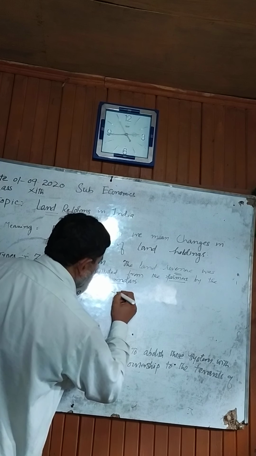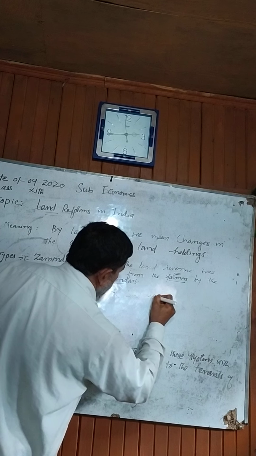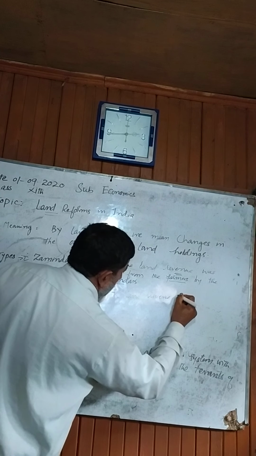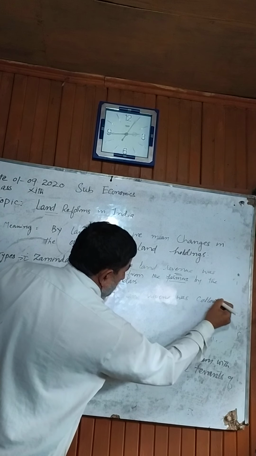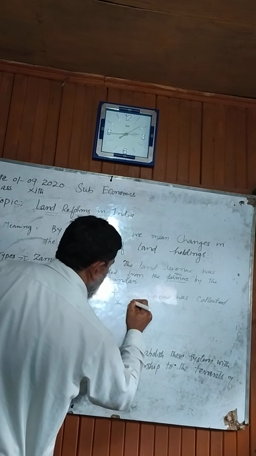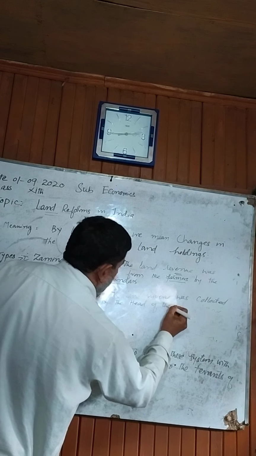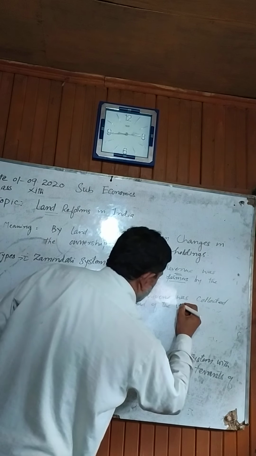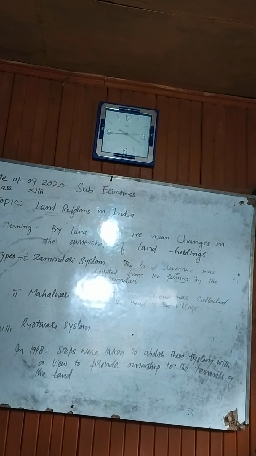Okay. Then we have the Mahalwari system. Here the land revenue was collected by the village head, by the head of the village, on behalf of the whole village.